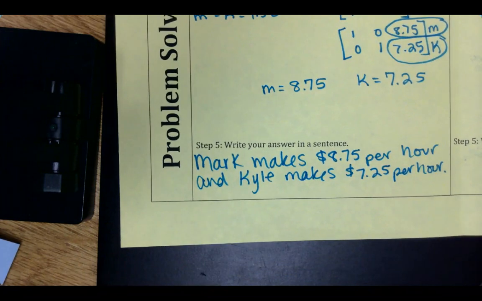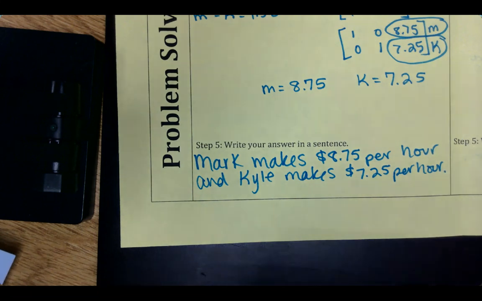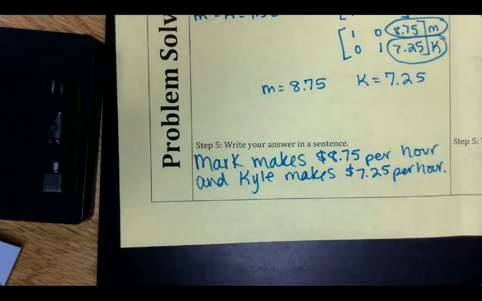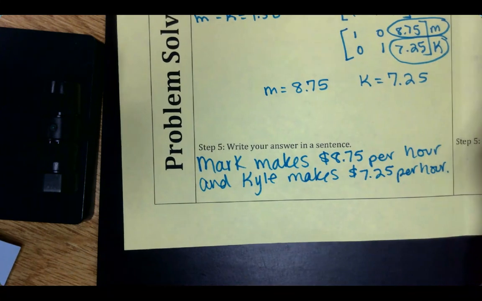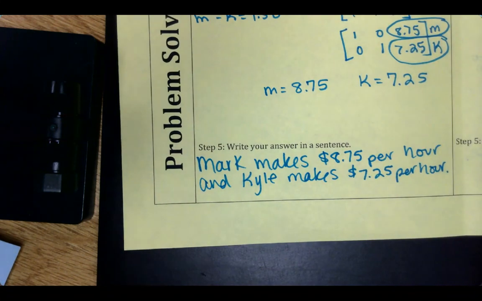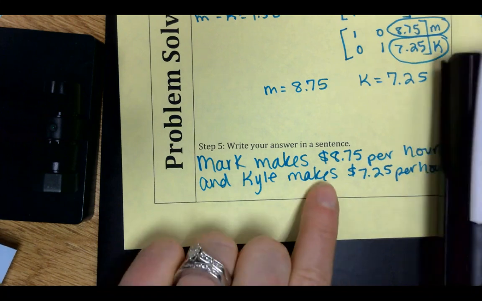And our last thing that we want to do is make sure it makes sense. So I would reread the question and just make sure that it makes sense. So it says, if Mark and Kyle combine their hourly pay, they would make $16. Is that true?